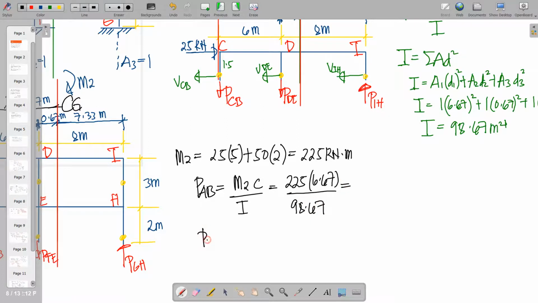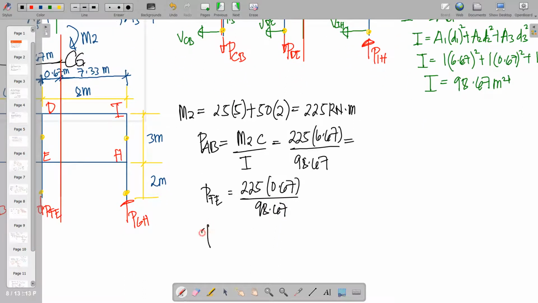So for PFE, we have 225 times 0.67 all over 98.67. So finally, we have PGH is 225 times 7.33 all over 98.67. So these are just the distances of this volume from the centroid.